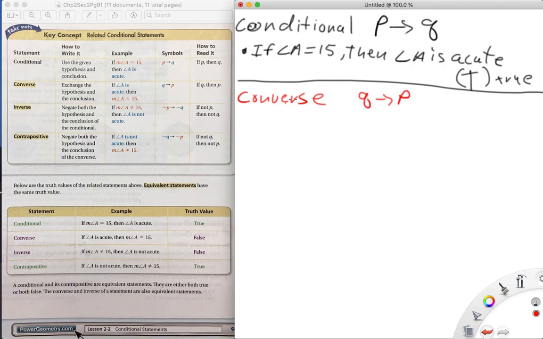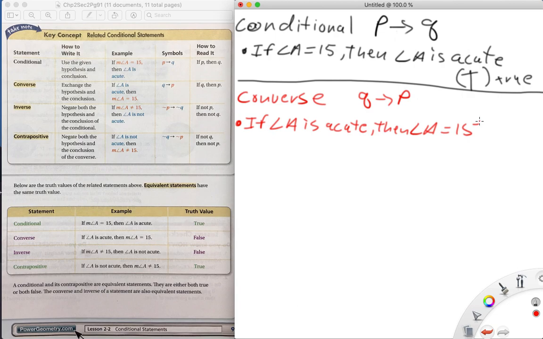Written out, this is: if angle A is acute, then angle A equals 15 degrees. A converse is a conditional where the Q and the P switch.